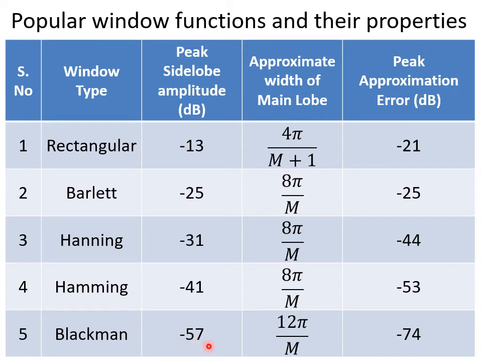In the Blackman window, the width of the main lobe is 12 pi upon M and the peak approximation error is minus 74.